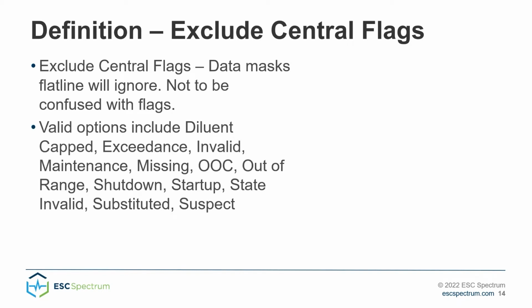Valid options for this setting include diluent capped, exceedance, invalid, maintenance, missing, OOC, out of range, shutdown, startup, state invalid, substituted, suspect. This setting is mainly used for controllerless DAS. If you have a data controller, there's another setting I would recommend instead of these that we'll cover next.